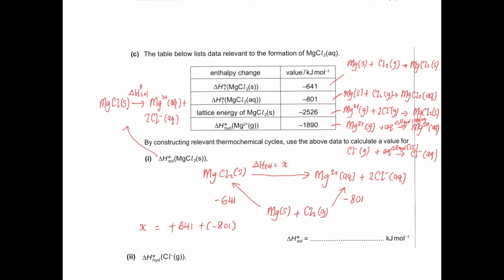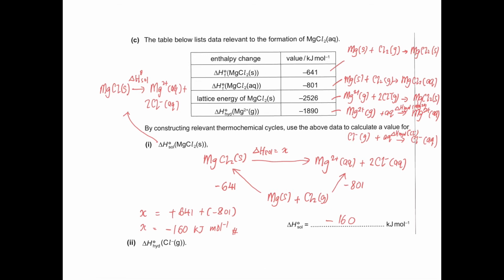We change sign when we need to go the opposite way compared to the arrow that we have. By doing so, we can calculate this using a calculator, and at the end we get negative 160 kilojoules per mole, and we fill out the answer over here. Okay, so now let's move on.